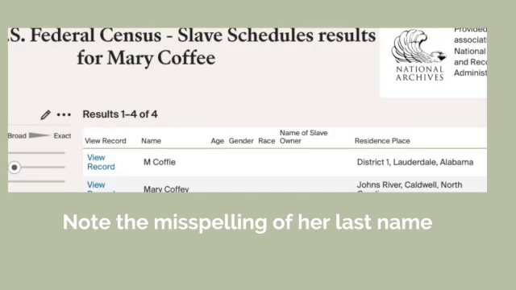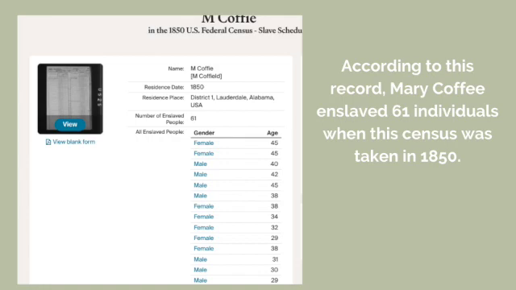And then I'm going to click search down at the bottom. And again, I've left the boxes unchecked just in case. It'll bring up links to every slave in Mary Coffee's census enumeration for 1850. You can just click on one, like the top one, and it will get you there.